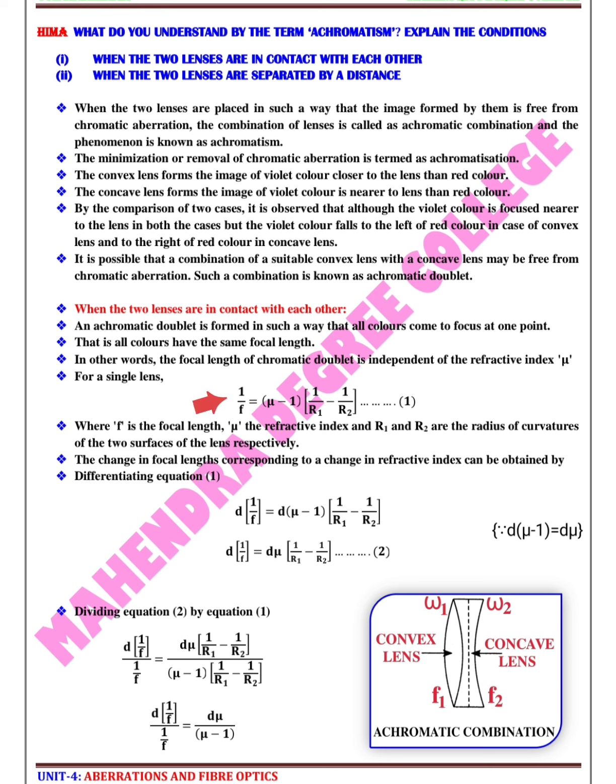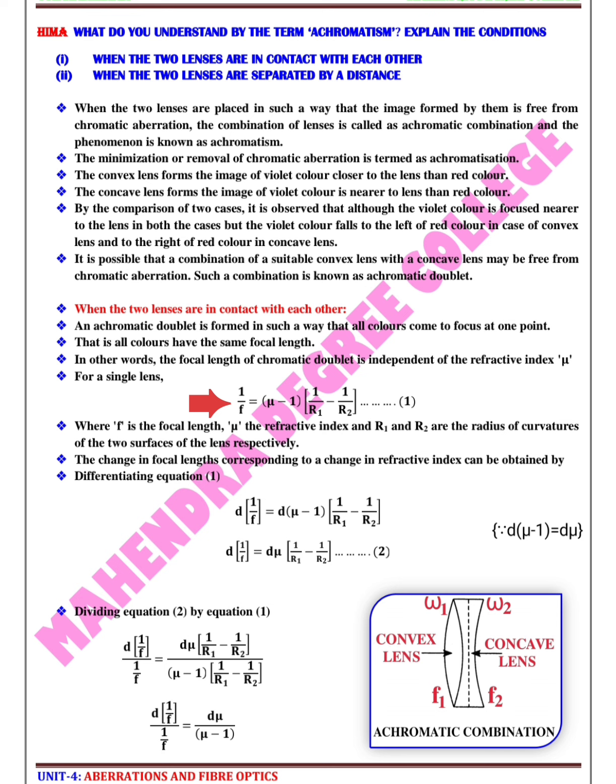For a single lens in air, the lens maker's formula is 1/f = (mu - 1)(1/R1 - 1/R2).